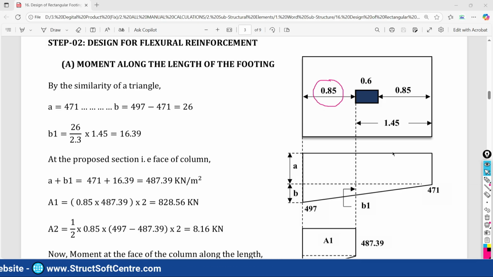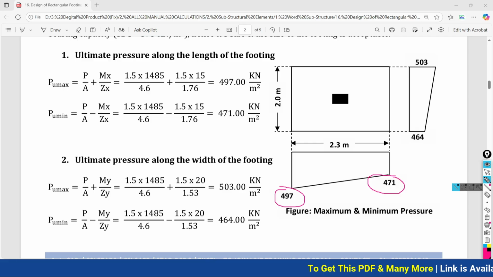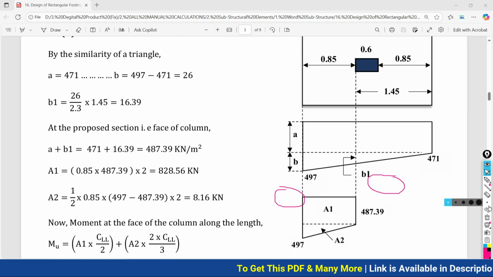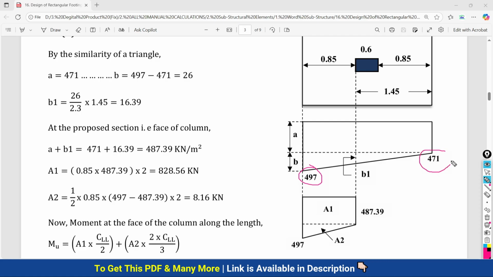Now we already have calculated the maximum pressure along the length and the minimum pressure along the length. If you look at the previous calculation, maximum pressure 497, minimum pressure 471. I am going to write it here again, the same thing, 497 and 471.